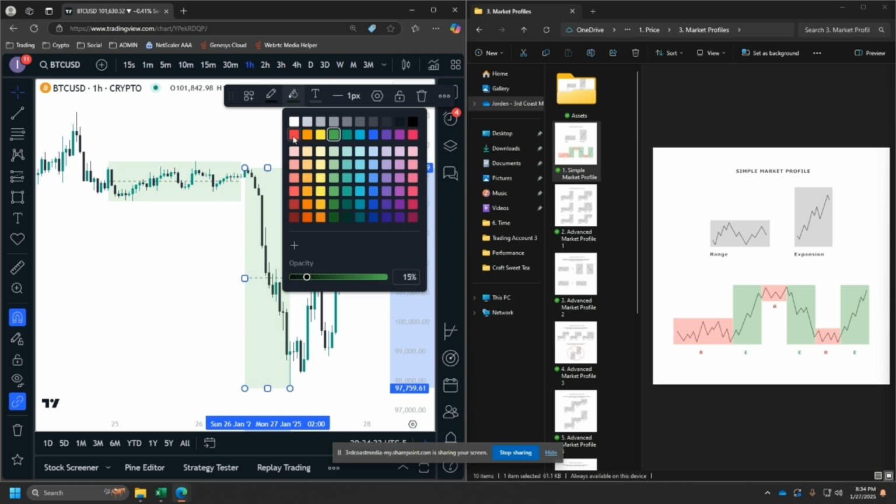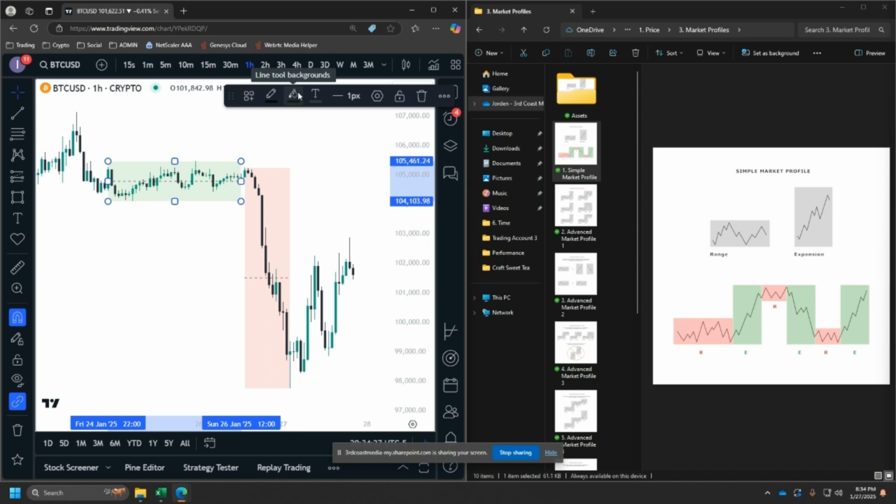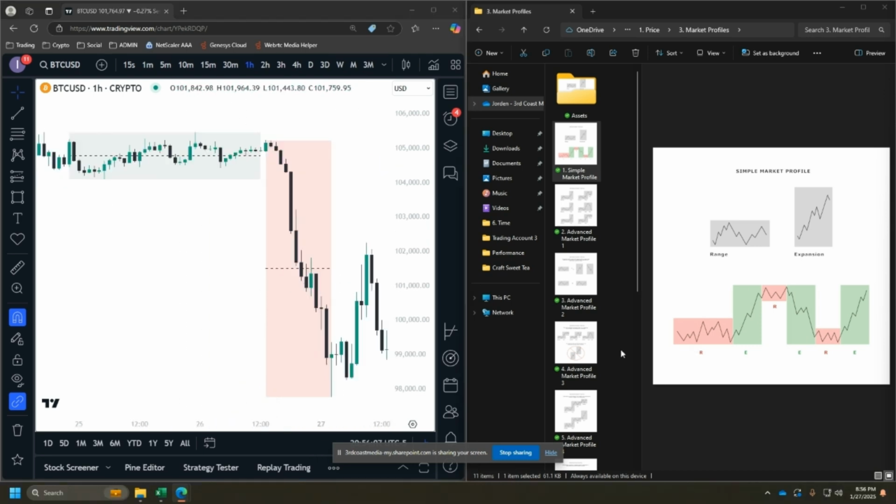So if we go red since we're going down, and let's do gray since we're bouncing around. So you can see we have our simple market profiles.